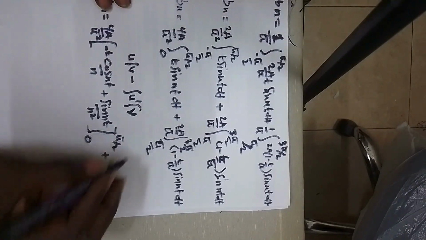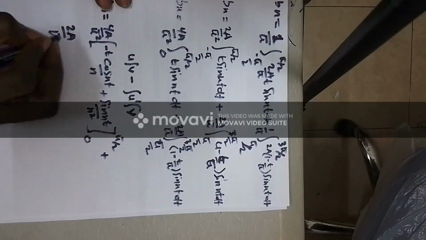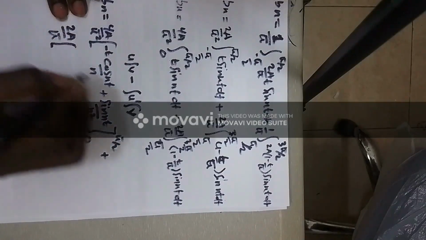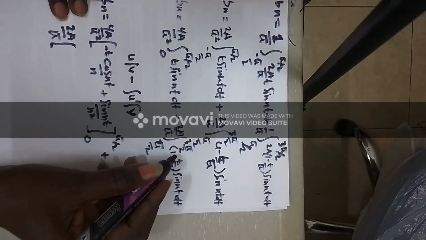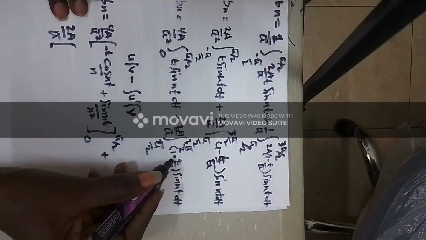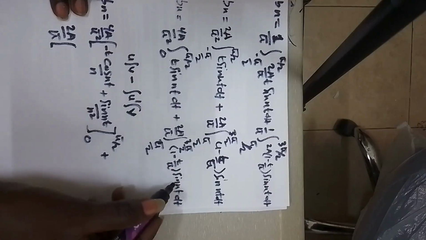So the next aspect I'll have 2a over pi. Here I'll just maintain this one and integrate sine nt.